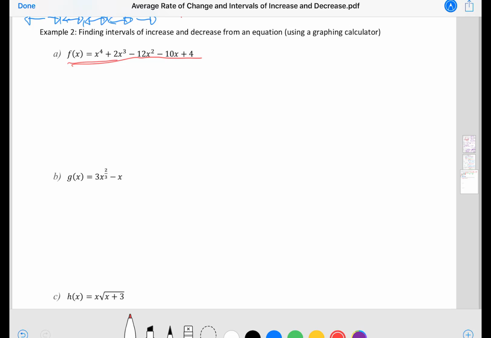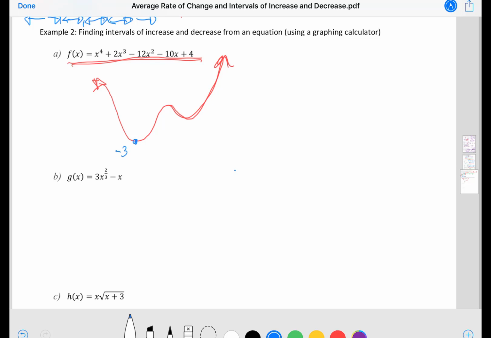When I go to graph this on my calculator, it's going to look like this. This is just a rough sketch. I'm a horrible artist, so bear with me. I'm going to get a picture that looks kind of like a warped W when I go to graph that. Then when I go to find my maxes and my mins, I'm going to find that I have a point here. I'm rounding to one place.